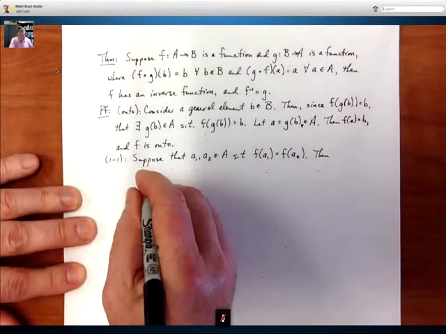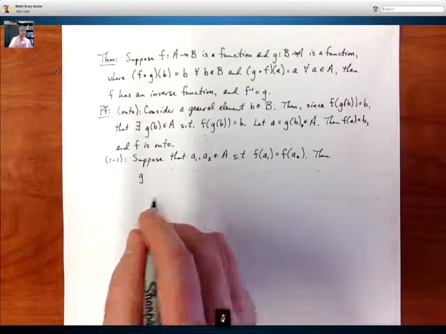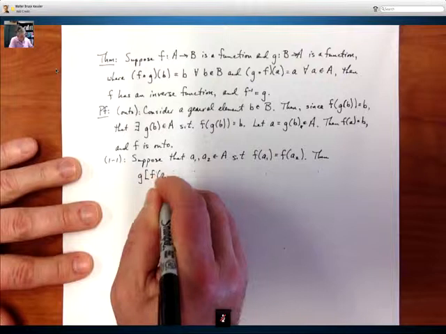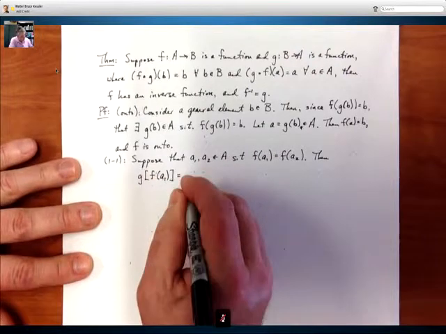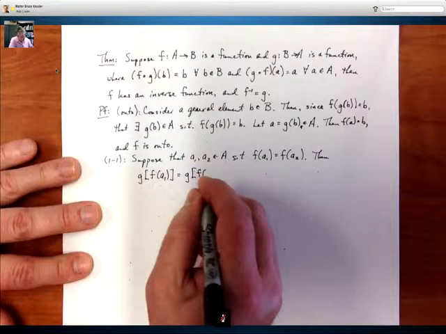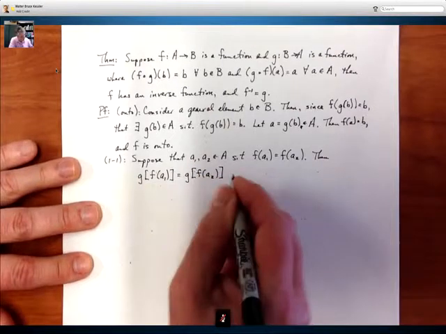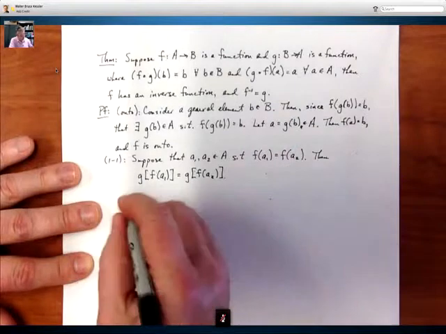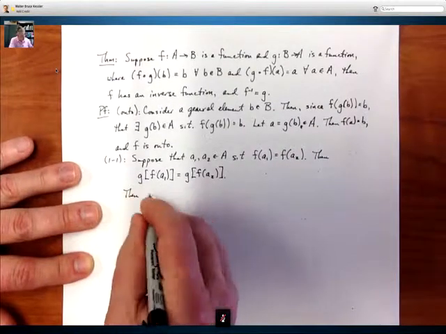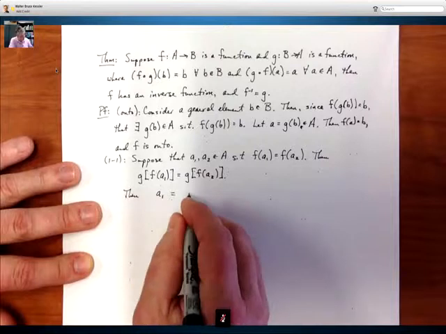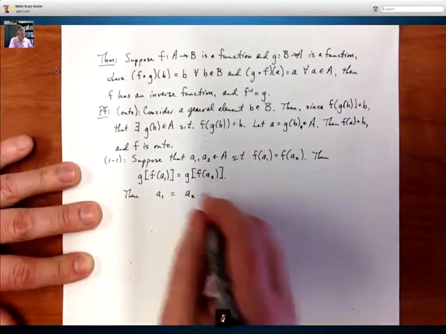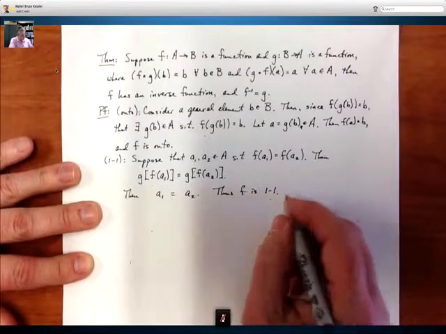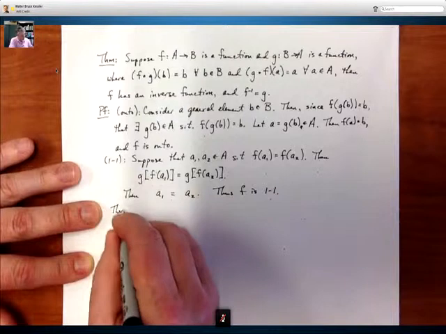Then G is a function, so if I apply it to two things that are equal, I get the same thing. So G of F of A1 would equal G of F of A2. And then, because of this property right here, this is A1 and this is A2. Thus, F is one-to-one.